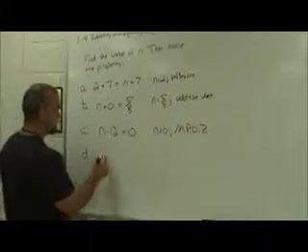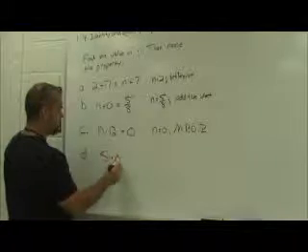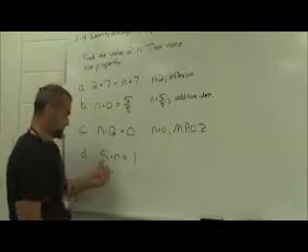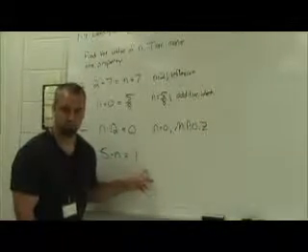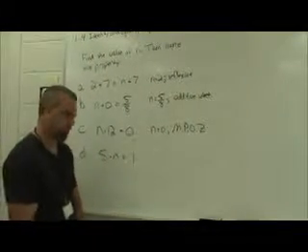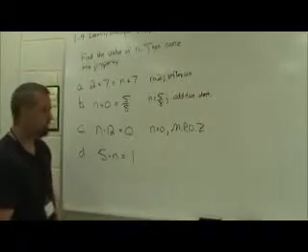How about this one? This one seems to get people stumped. How can I multiply a number by another number and get a smaller number? That's weird. Well, you can.